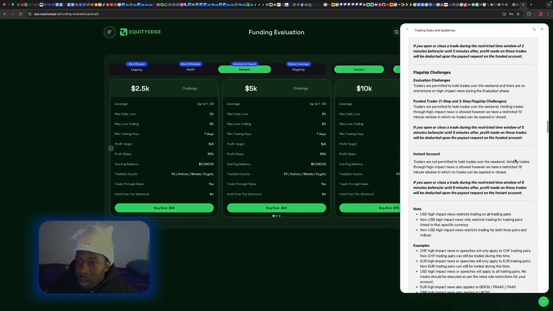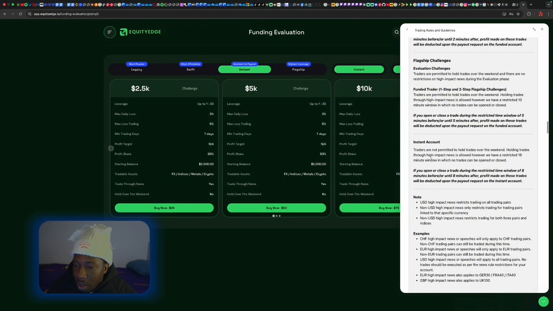So let's find another rule for the instant account. Instant account traders are not permitted to hold trades over the weekend. Holding trades through high impact news is allowed. However, we have a restricted 16-minute window in which no trades can be opened or closed. If you open or close a trade during the restricted window of 8 minutes before or after the news, profit made on this trade will be deducted upon the payout request on the instant account.